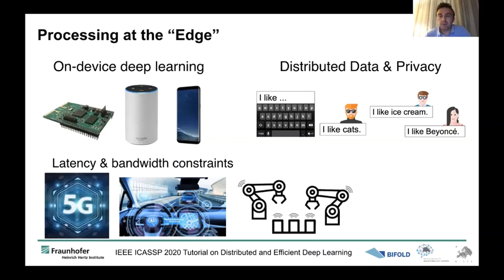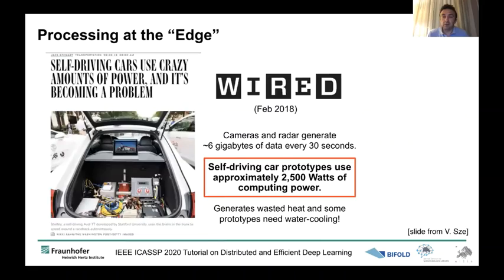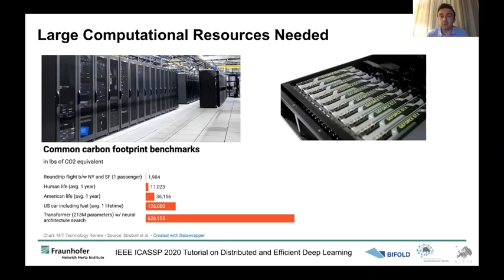But this is not the only problem. Another issue is that data is often distributed, and privacy is a very important constraint in many applications. So we cannot expect to collect these data at a central server and train our networks on computing racks.